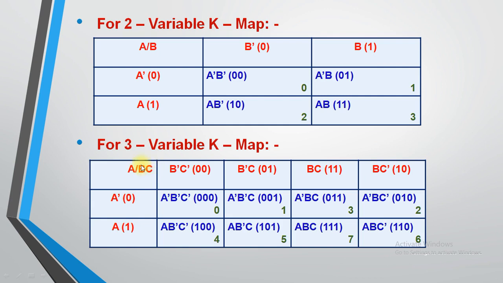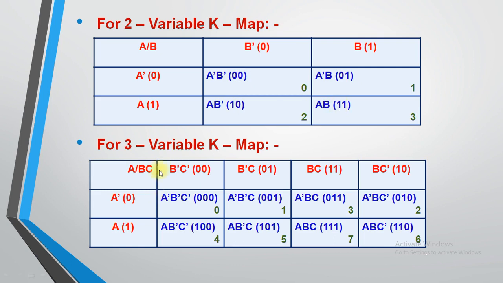For two variables, there are four possible combinations: 0 0, 0 1, 1 0, 1 1. Is that clear to everyone?